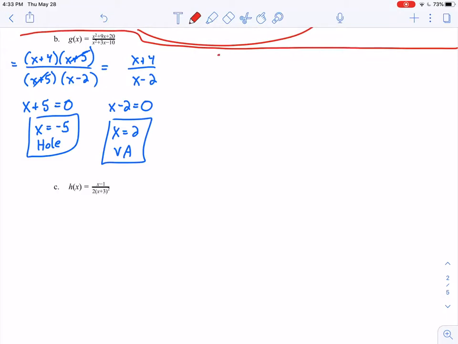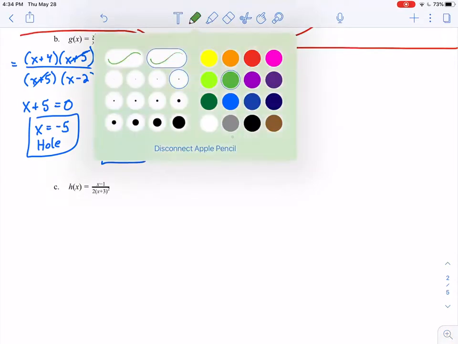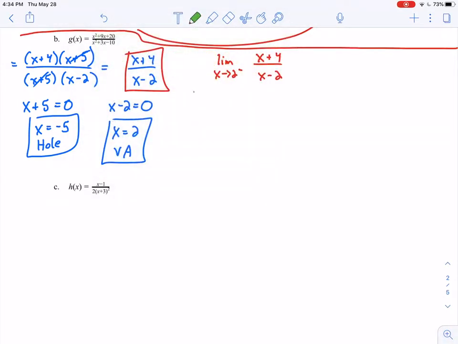So let's look at the limit as x approaches 2 from the left-hand side, and we can use this simplified version of our function right here, x plus 4 over x minus 2. And maybe right below it here, I'm going to take a number that's close to 2 on the left-hand side. So maybe I might pick 1.9 and plug this in.